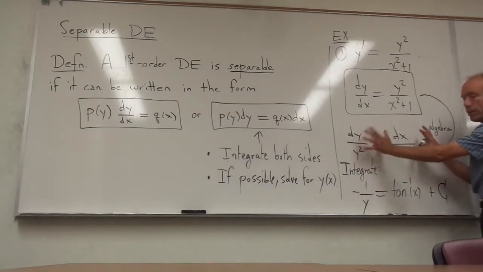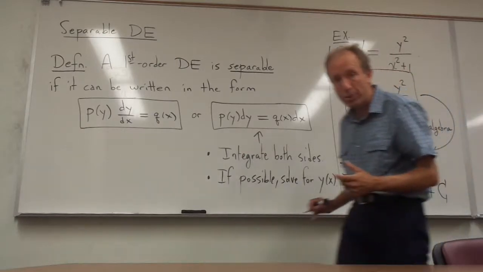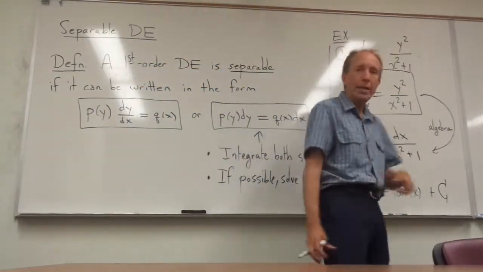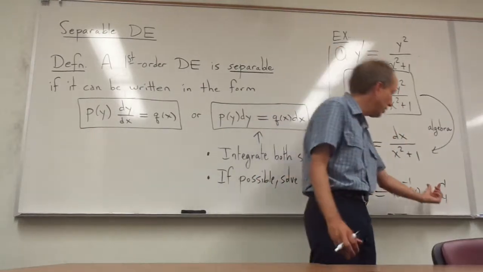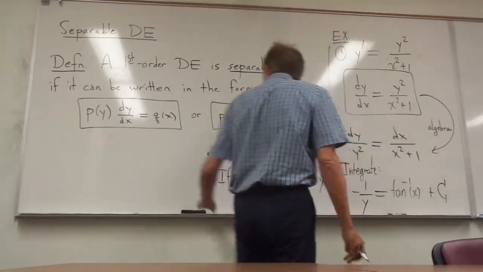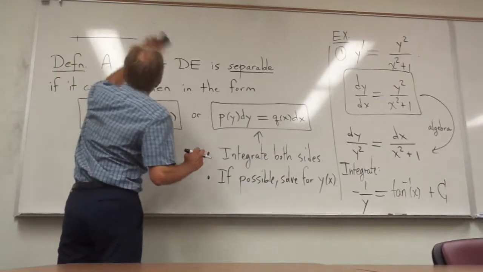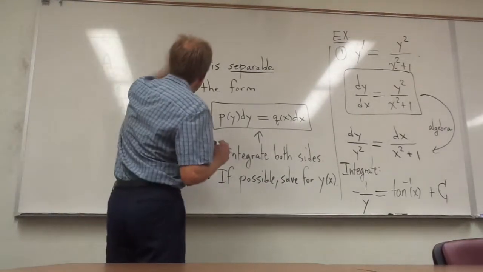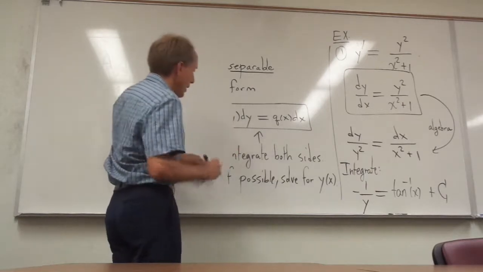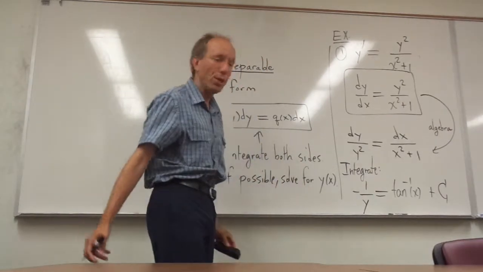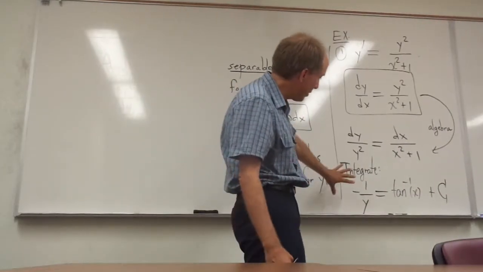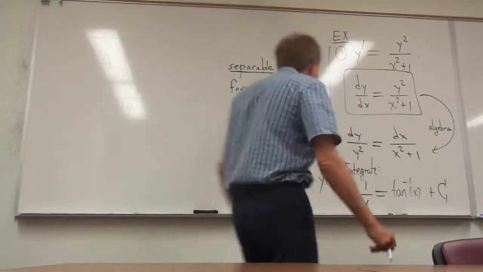Technically, we have a plus c on both sides of the equal sign here, but I'm going to lump my constants together and call them a single, new constant, which is just c right here on the right-hand side. Okay, great. So with that, we have already performed the integration, and now, if possible, we'll solve for y of x. In this case, that's very easy to do. We just have to take reciprocals and throw in a minus sign.